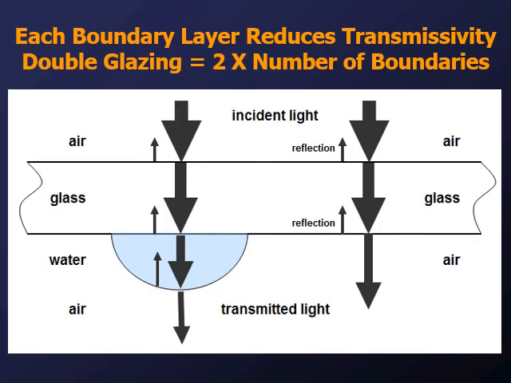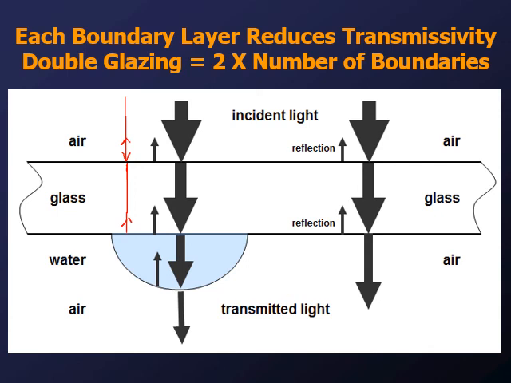This is a slide showing you what happens when light passes through plastic or glass. Every time light moves through a different surface, so it's going from air into glass, as it passes through, some is reflected back. And then when it exits the glass, some is reflected back.